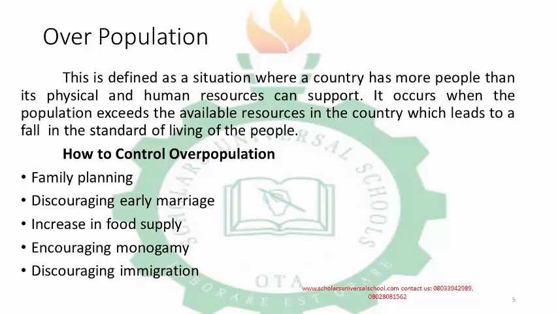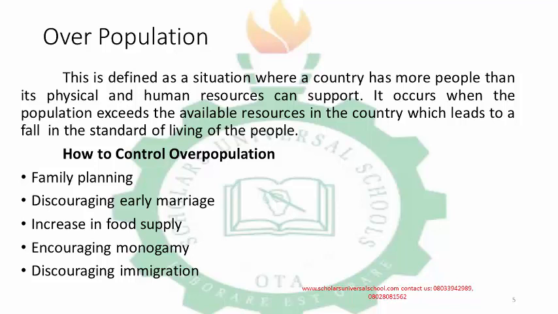When we talk about overpopulation, we are simply explaining the fact that there are so many people living in the country in relation to the resources available in that country. When a country is seen as being overpopulated, it simply means that there are so many people living in that country, and the resources available are not enough to take care of such a number of people.